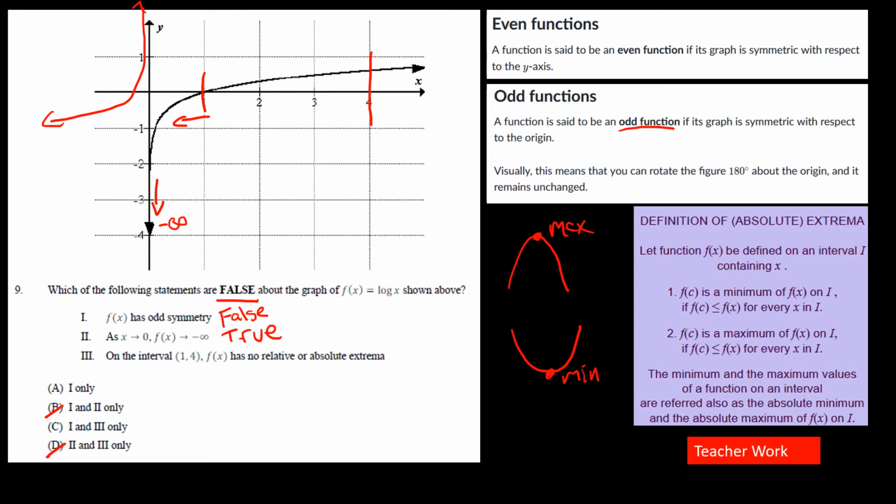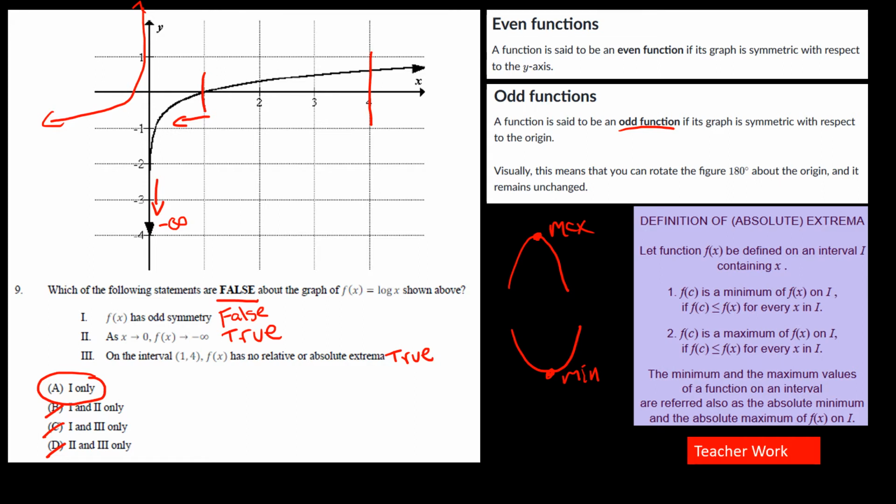So from 1 to 4, we don't have a top of the hill situation, and we're not allowed to use the endpoints as the extrema either. So this is also true. So we can eliminate this, so only 1 is correct here.